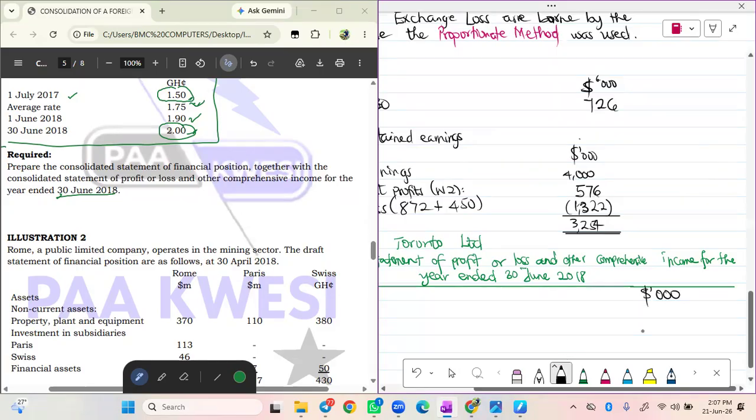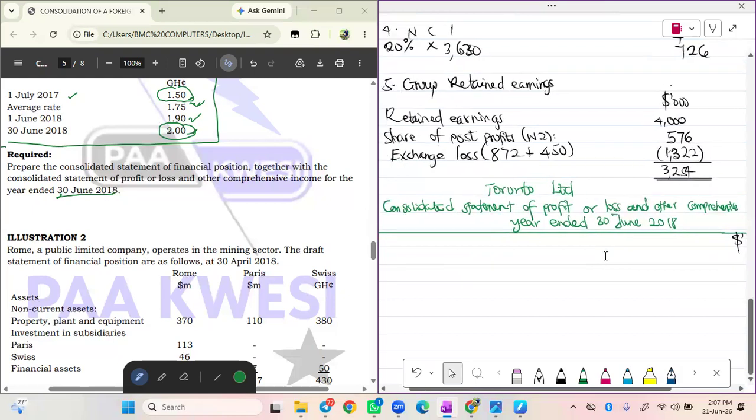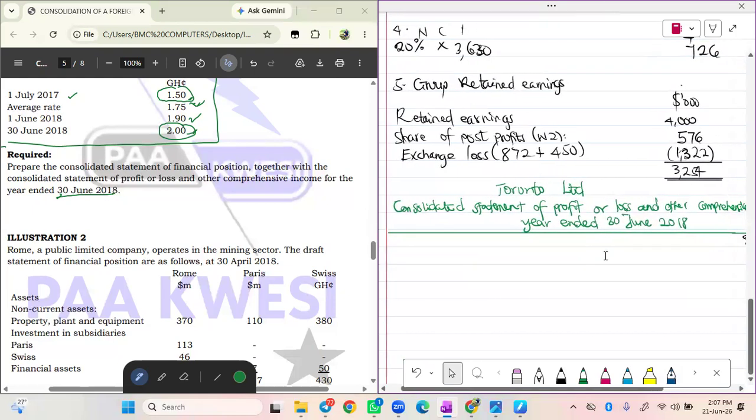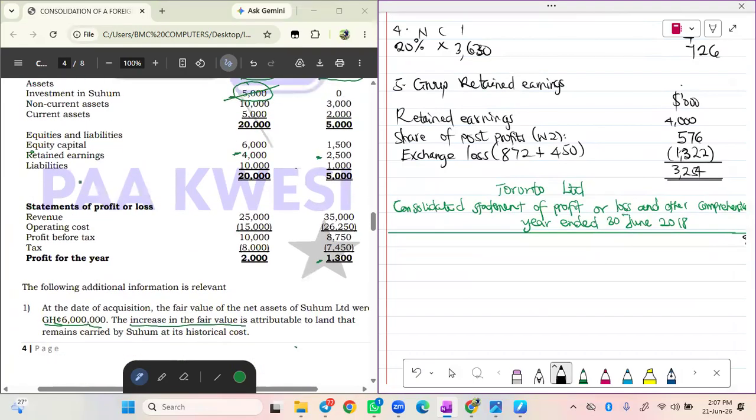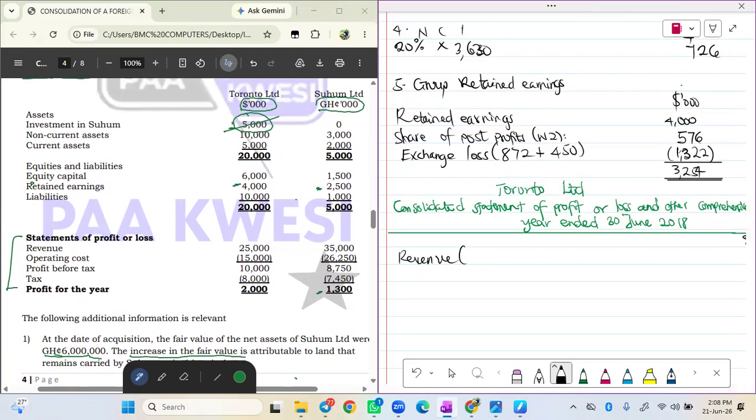If you are retranslating P&L items, average rate, statement of financial position, closing rate. So we start with what? The revenue. So these items, revenue. So this is how you consolidate foreign subsidiary. So the parent's figure 25,000 is already in dollars. So that one you don't translate the 25,000.